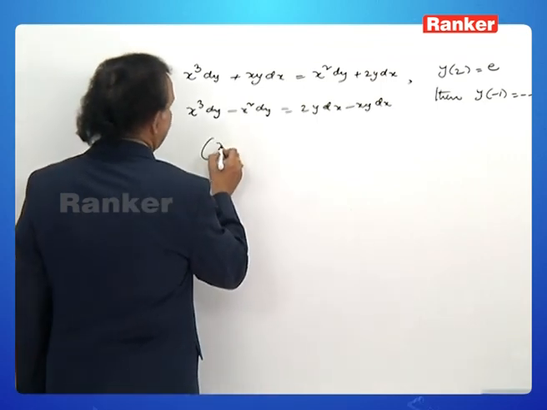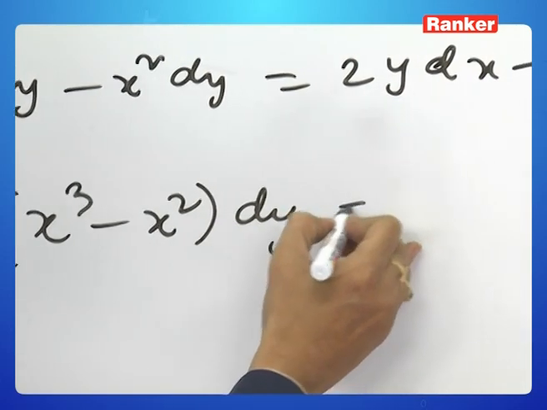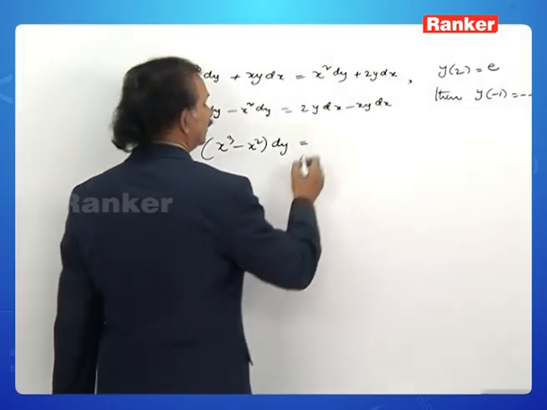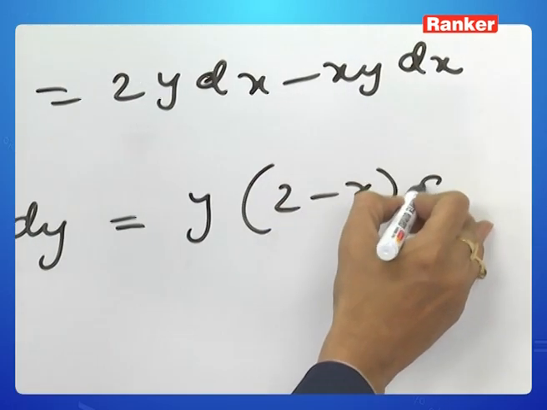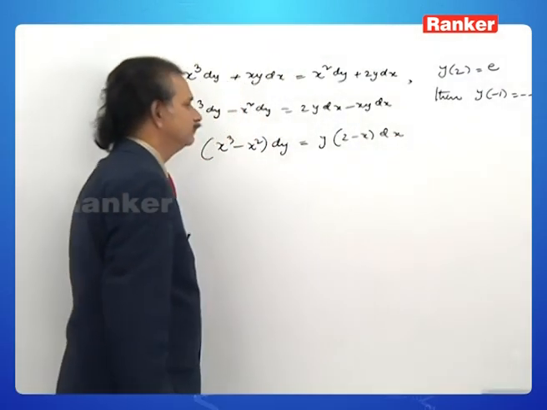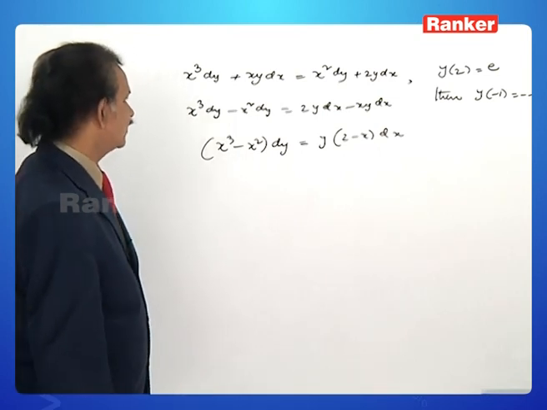So that it is x cube minus x square dy is equal to y into 2 minus x dx.